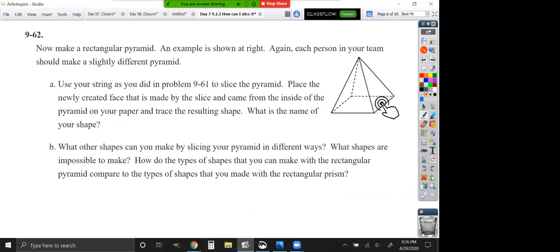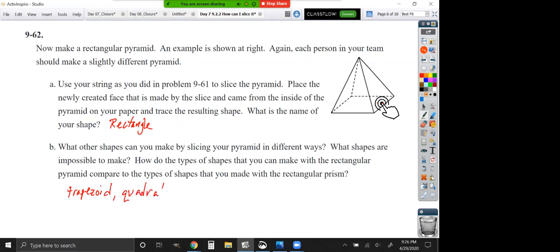So I'm going to go ahead and say here, for part A, my first shape was a rectangle. And what other shapes can you get? So we got a trapezoid. We got just a regular quadrilateral.